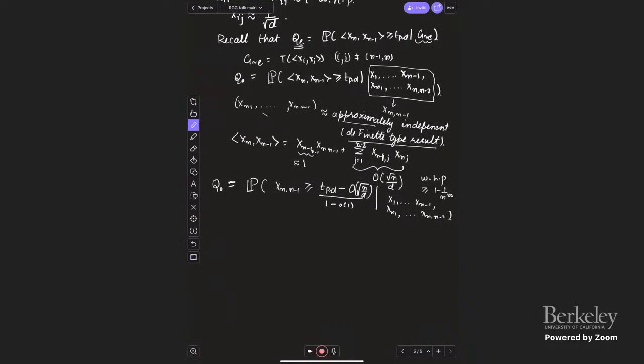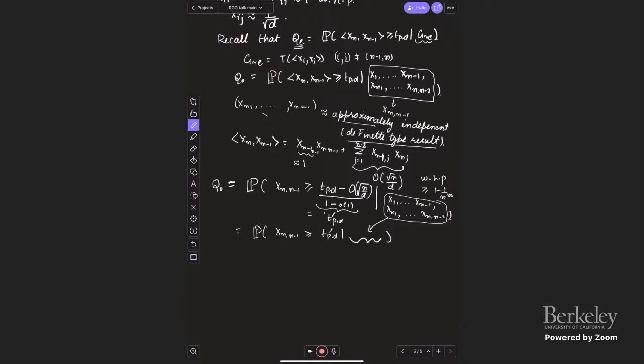This O of square root n over d and small o of 1 depend on the random variables which are conditioned here, but with high probability they are ignorable. We'll call this quantity TPD prime, that is, the probability of ⟨xn, x(n−1)⟩ greater than or equal to TPD prime given all these random variables.